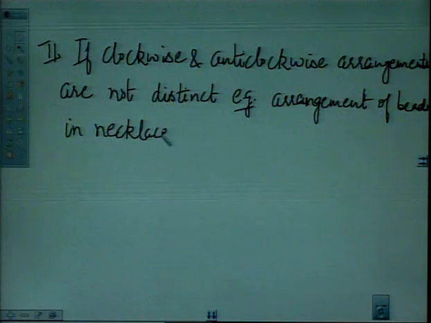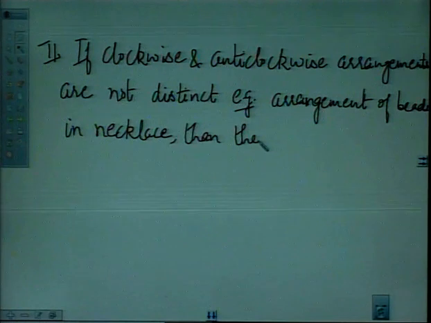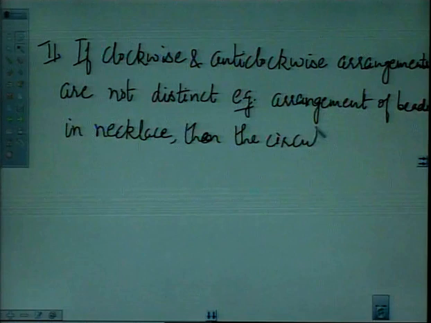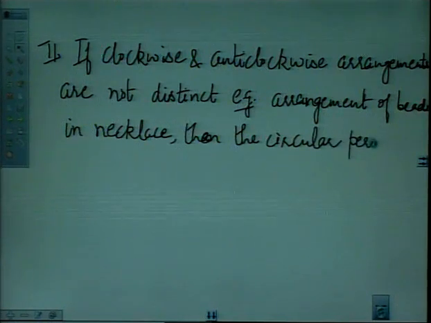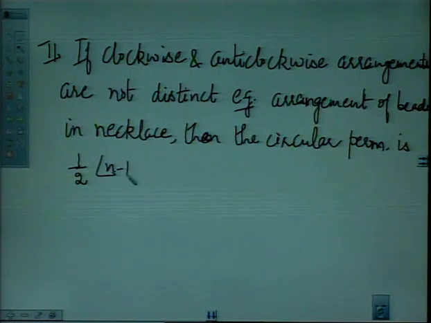Then the circular permutation is half of n minus 1 factorial.